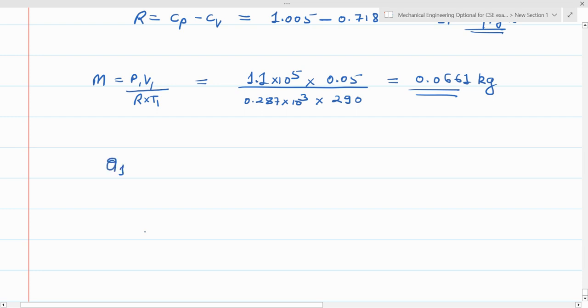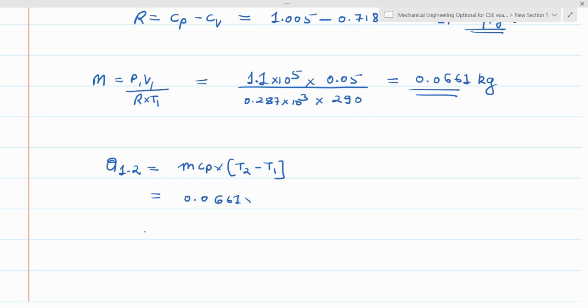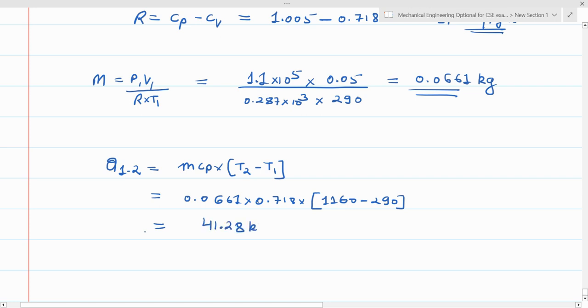So Q1 to 2 is equal to mCv multiplied by T2 minus T1, that is 0.0661 into 0.718 into T2, which is 1160, minus T1, that is 290. We get the value as 41.28 kilojoules.